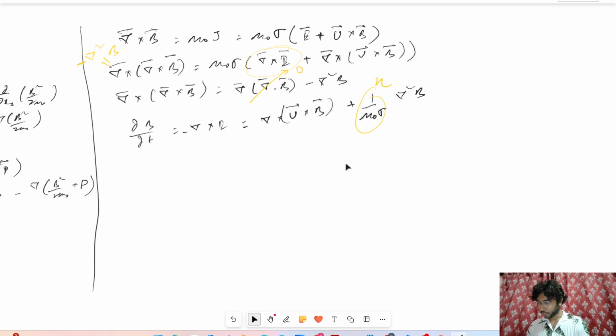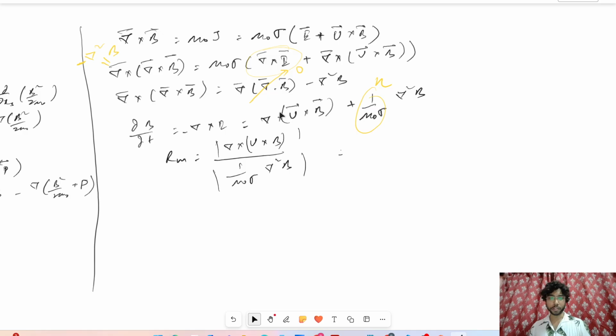And we can also define another parameter which is called the magnetic Reynolds number, which just says what is the weightage of these two terms, like which one is greater. So if this one is greater, then the magnetic Reynolds number will be very high compared to this term. Whereas if the second term or the resistivity is very high, the magnetic Reynolds number will be very low.